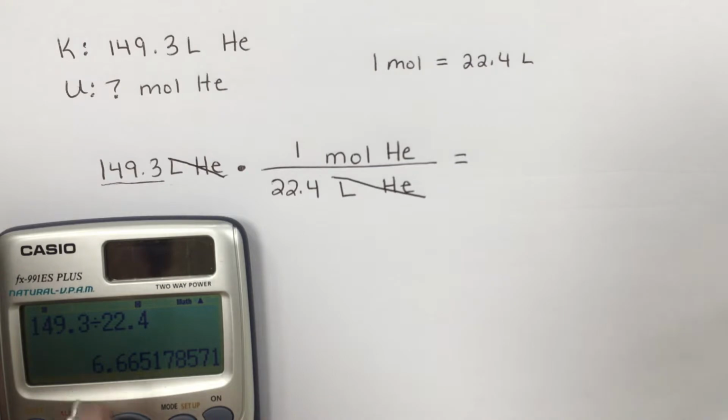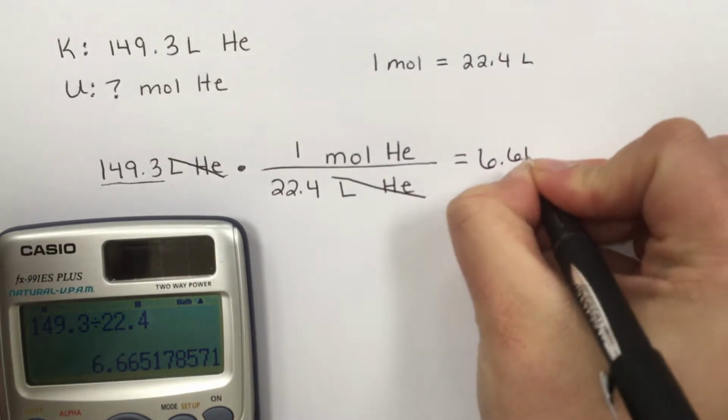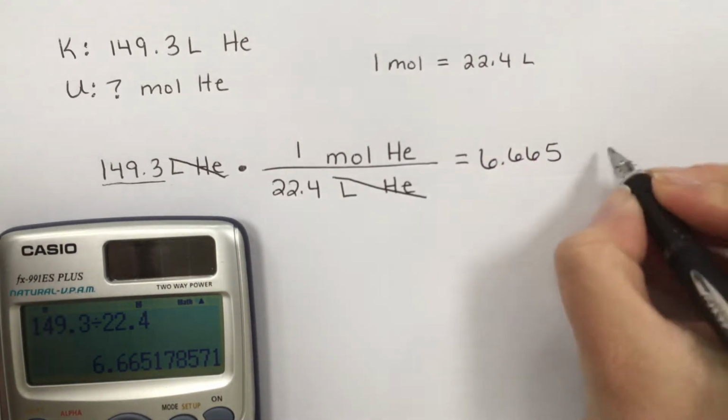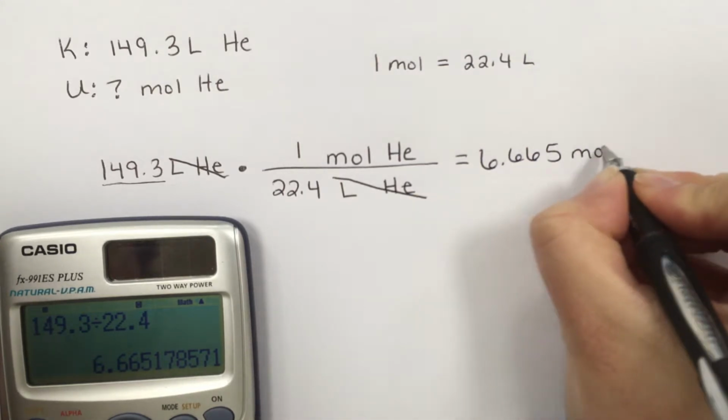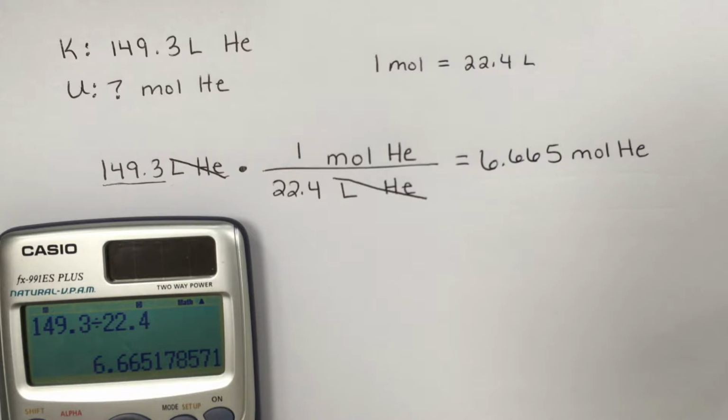So we have 4 significant figures, so it'll be 6.665. And the unit is moles of helium. So there's the PowerPoint working it out.